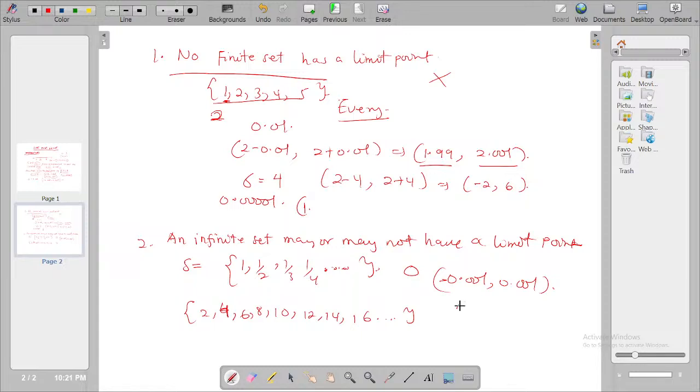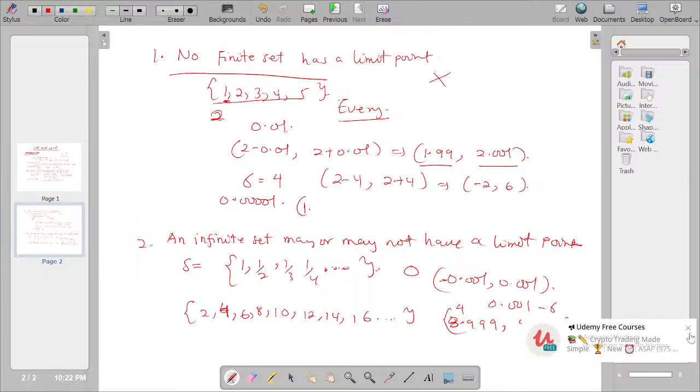If I take 4 as the limit point and I take 0.001 as my delta, I'll have 3.999, 4.0001. You realize that within this interval, I can only find 4. And 4 is actually the limit point. So excluding 4, I wouldn't have any other member here.